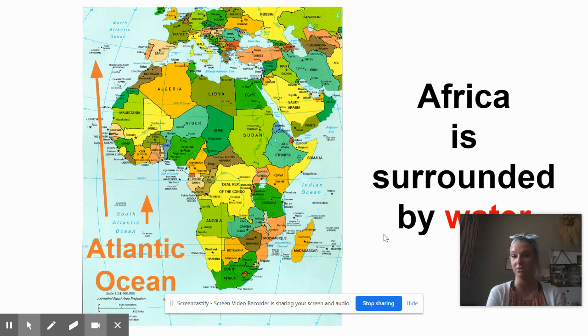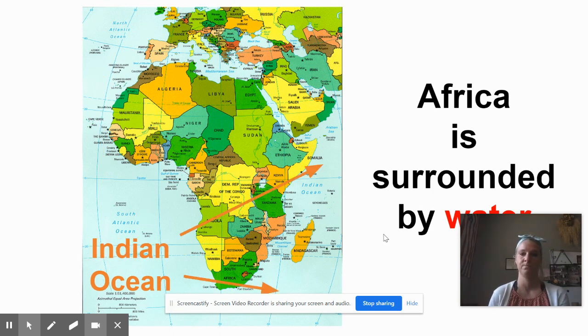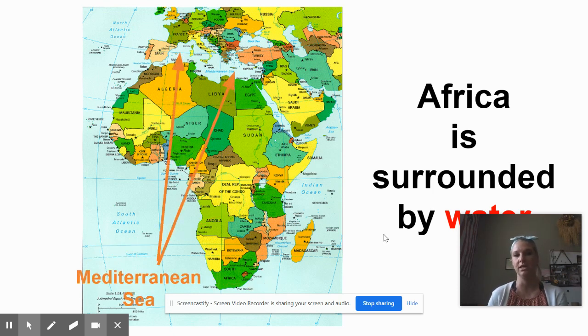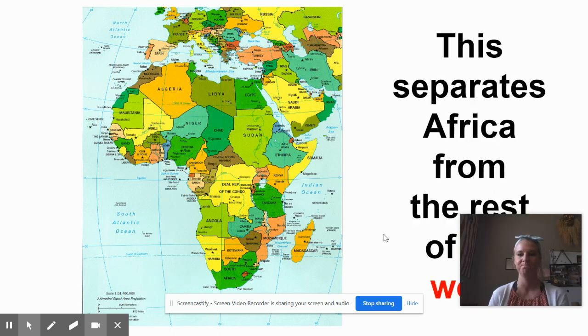It even has its own little island of Madagascar. We've got our Indian Ocean and the Mediterranean Sea, which is what's going to bring in Europe in the beginning, because it's only separated from Europe by the Mediterranean Sea. All these bodies of water separate Africa from the rest of the world.